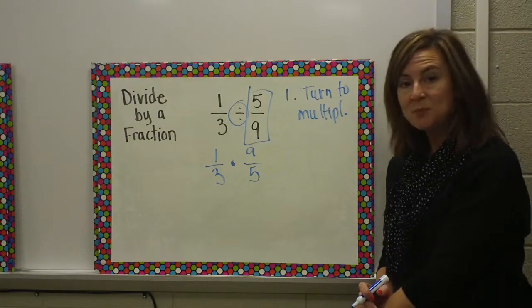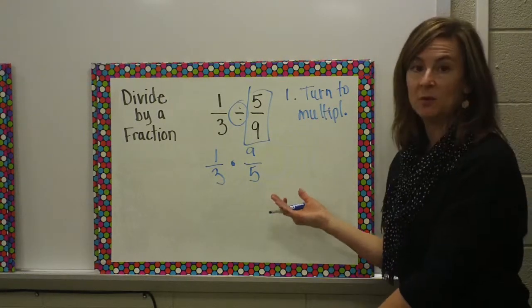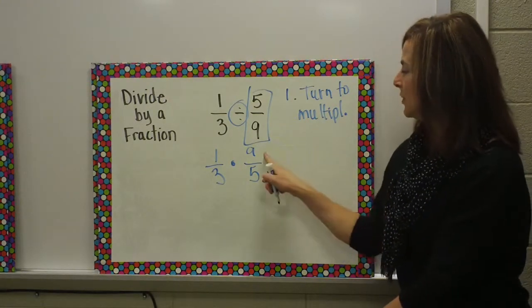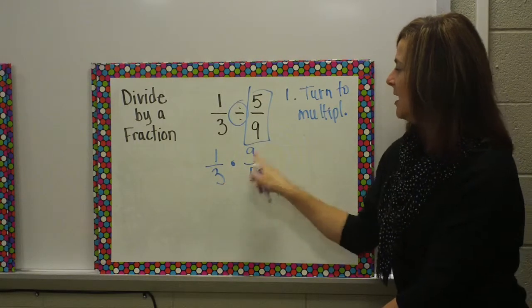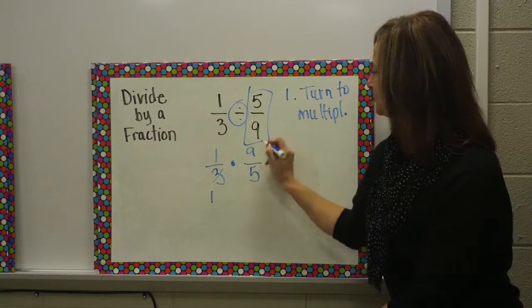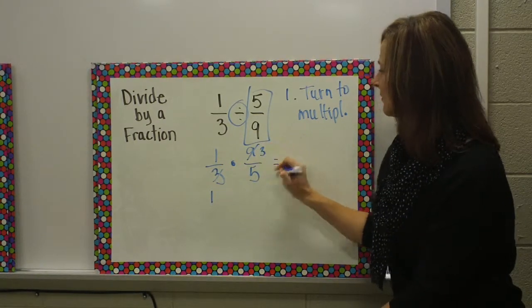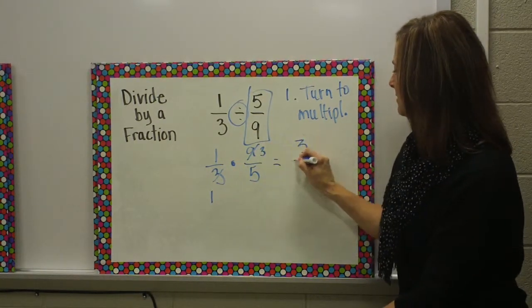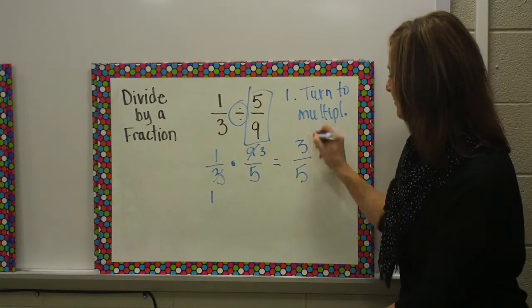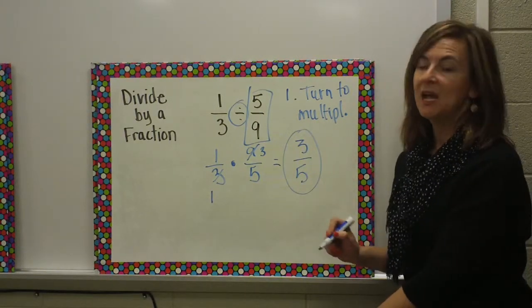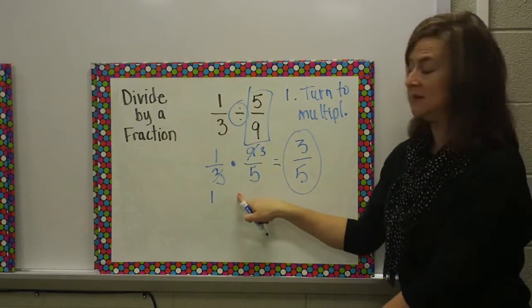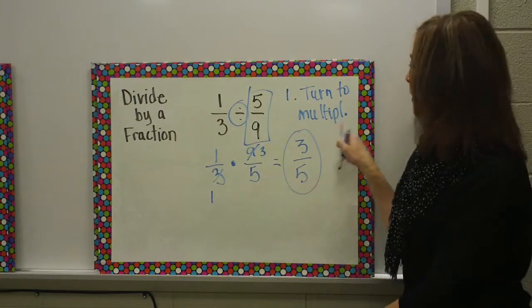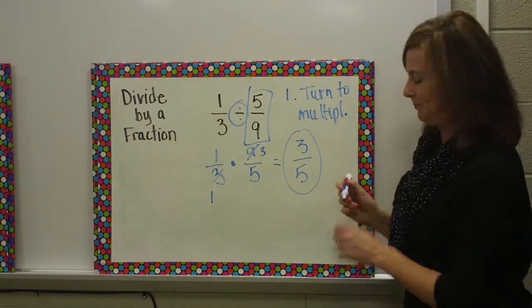Now that I have a multiplication problem, I can use everything we've talked about with multiplying rational numbers. For example, I can see here that I can cross simplify. I can divide both of these by 3. 1 times 3 is 3. 1 times 5 is 5. And I'm all set. You may not cross simplify until you have it written as a multiplication problem. So make sure you always start with that step.